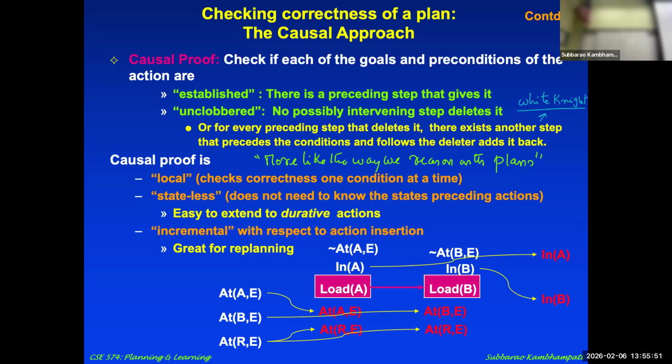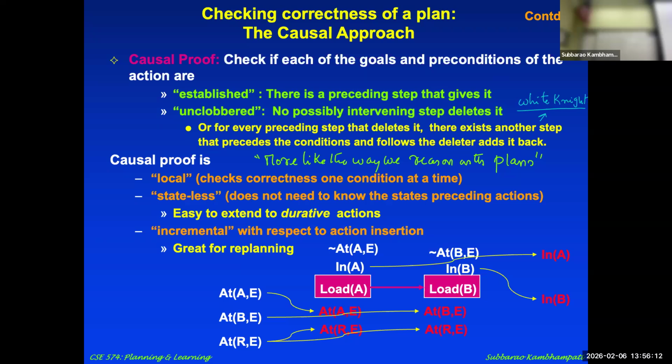For example, this is being supported by this guy, this is being supported by this guy, right? But at B is supported from the initial state itself. At R is being supported from the initial state itself. But the initial state is just the initial step. You see what I'm saying?